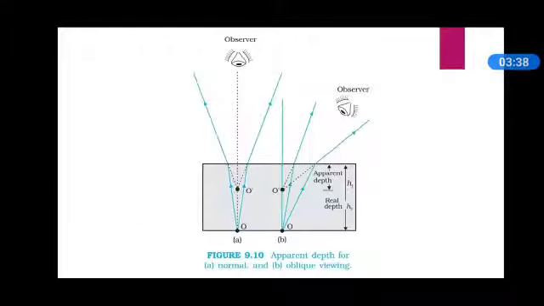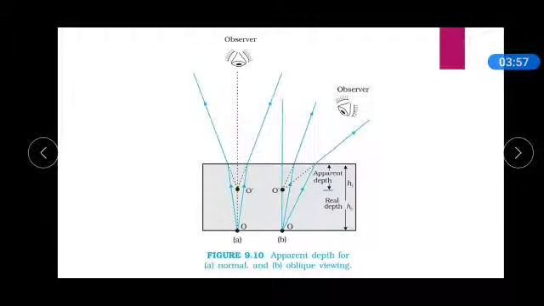This diagram is from the textbook. So here an object is placed in the denser medium and we are viewing the object obliquely from the rarer medium. So when light rays pass from denser to rarer, they bend away from the normal.